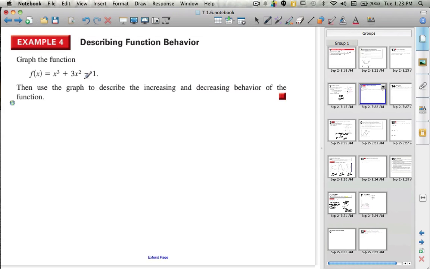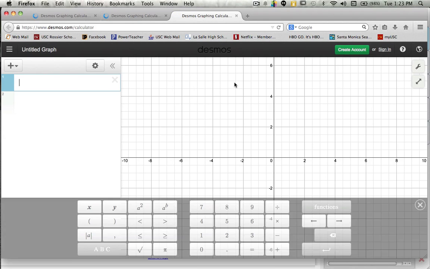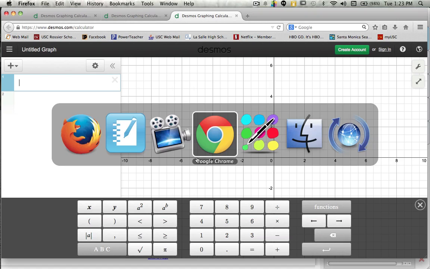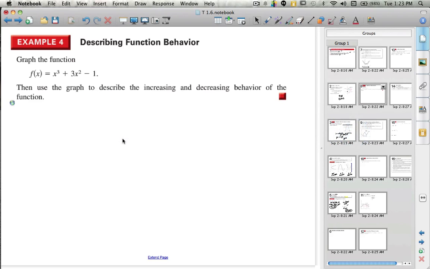If we took a look at graphing this function, I'm going to use a graphing tool to do that. I'm going to use Desmos to do that. I pop over to my graphing calculator and I'm going to put that equation in. The equation is x cubed plus 3x squared minus 1.